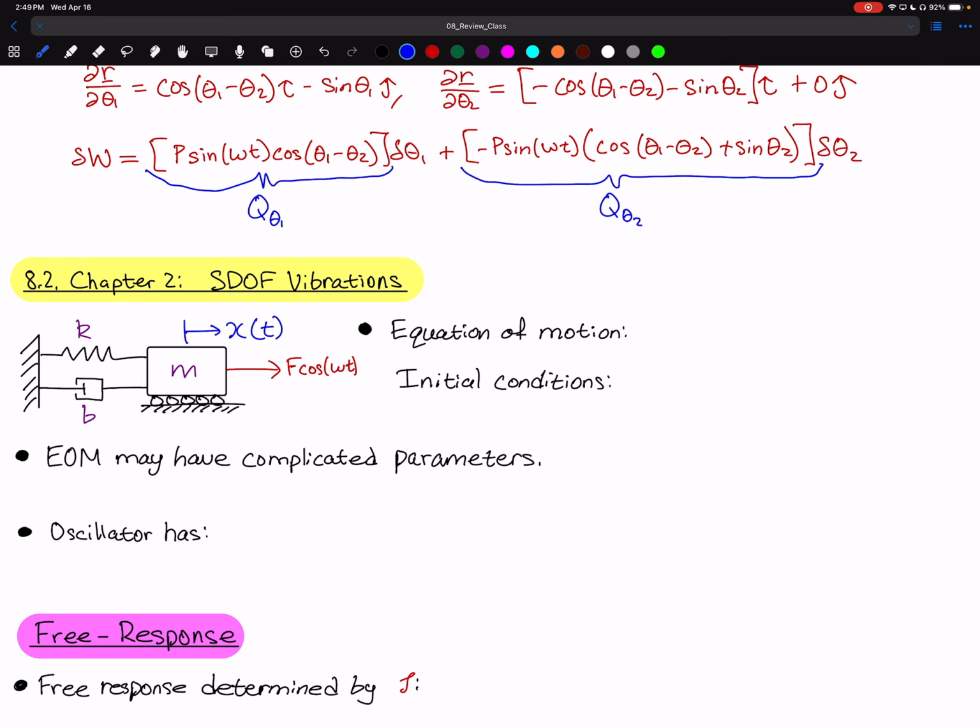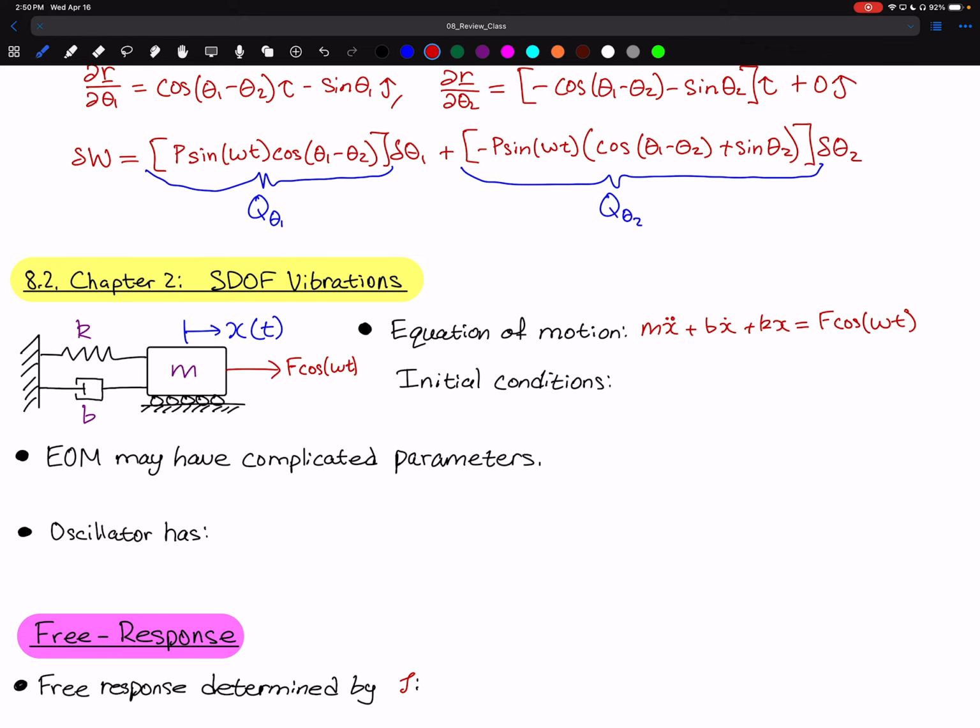We considered just harmonic oscillators like the one shown here, with damping, with a grounding stiffness, and some external forcing acting on it. In this case, the equation of motion is m x double dot plus c x dot plus k x is equal to, in this case, F times the cosine of omega t.